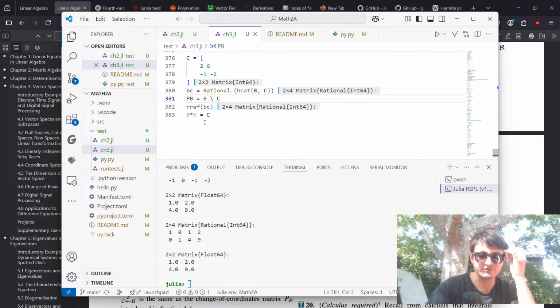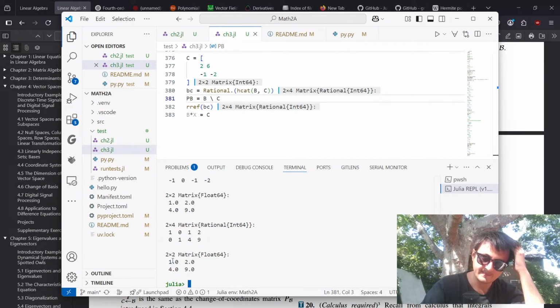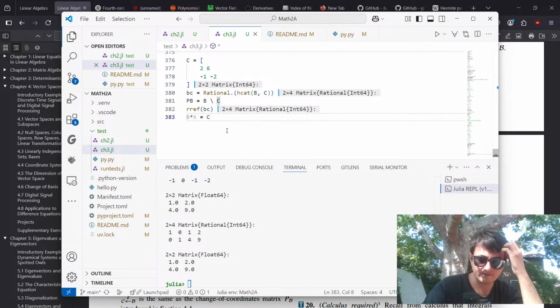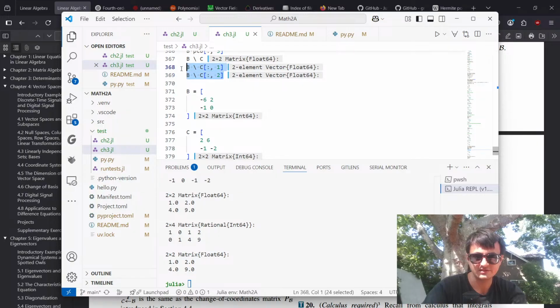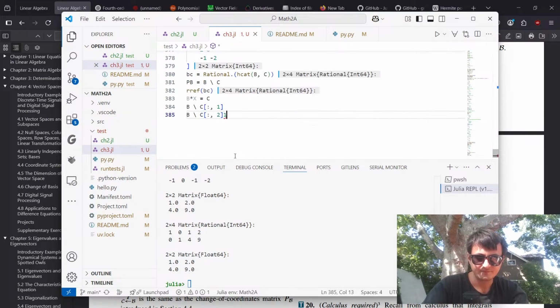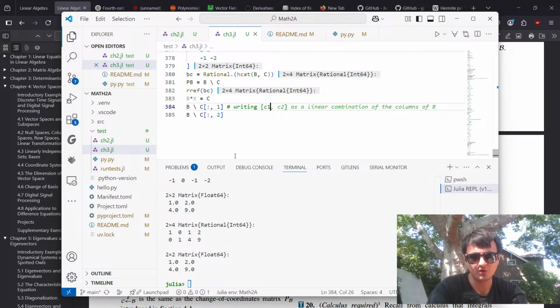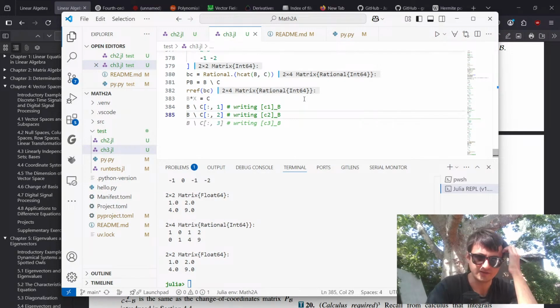Okay, so what does that give you? I prefer it like this. This is easier for me. So this is going to be writing C1 in terms of B. And then this is C2B.